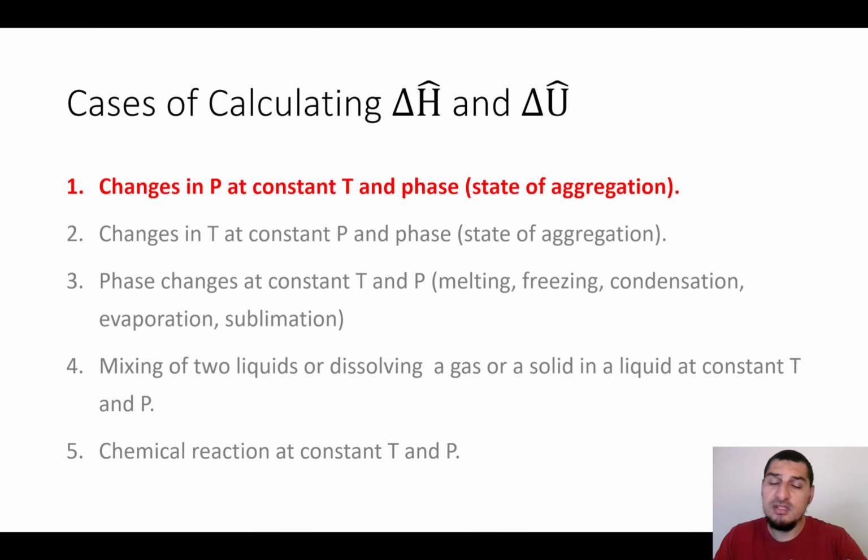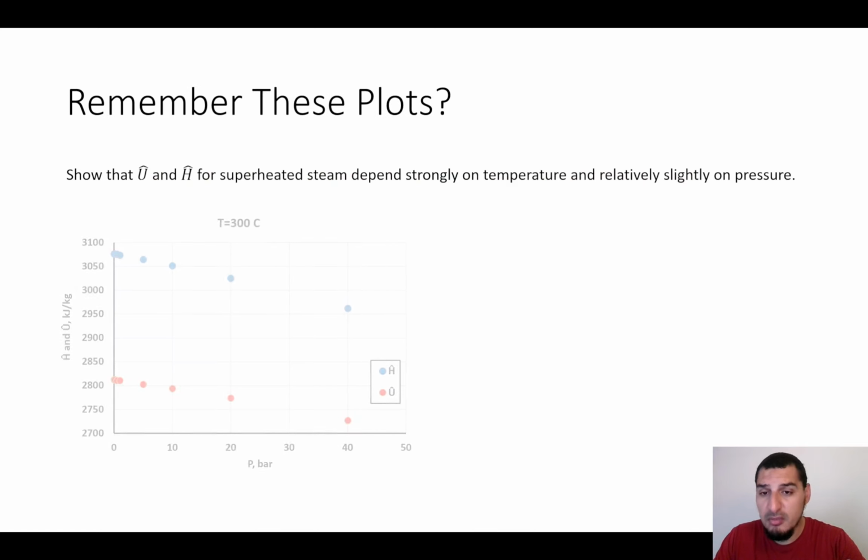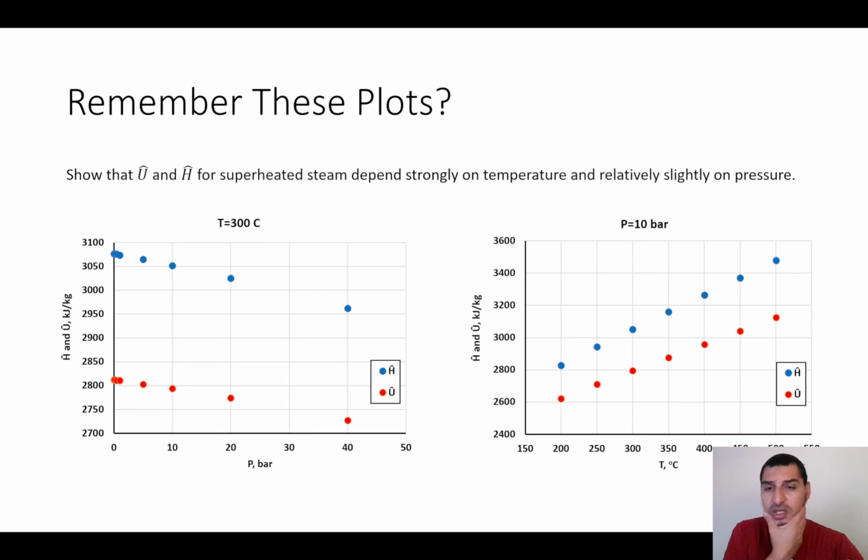This case is a very simple case because if you remember, we saw these two plots at the end of chapter 7, and these were data that we extracted from the steam table showing how the pressure affects the enthalpy and the internal energy, and how the temperature affects the enthalpy and internal energy.